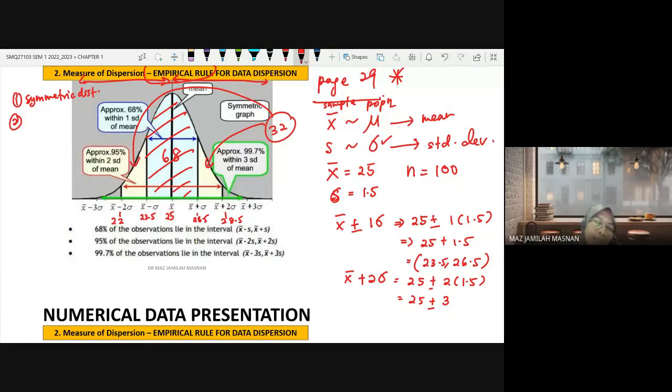Class, can I ask you, do you understand this? The empirical rule is very important. You have to know it, so if you're asked, you need to understand how to use the empirical rule.